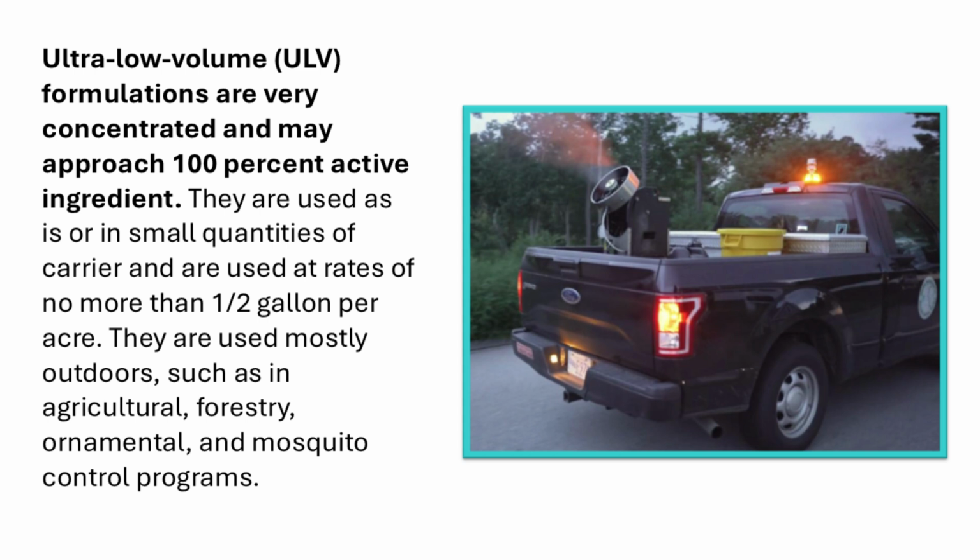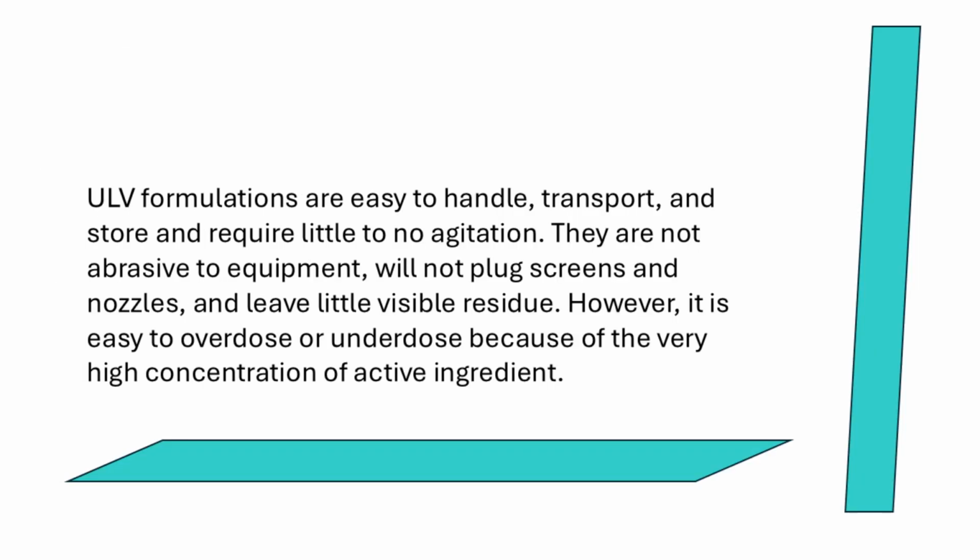They are used mostly outdoors, such as in agricultural, forestry, ornamental, and mosquito control programs. ULV formulations are easy to handle, transport, and store and require little to no agitation. They are not abrasive to equipment, will not plug screens and nozzles, and leave little visible residue.